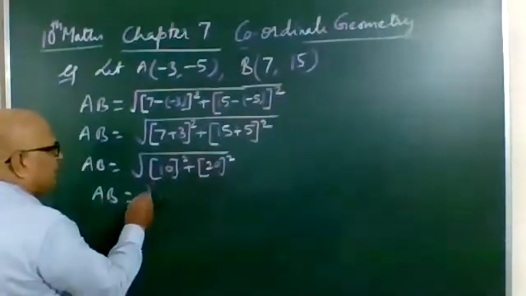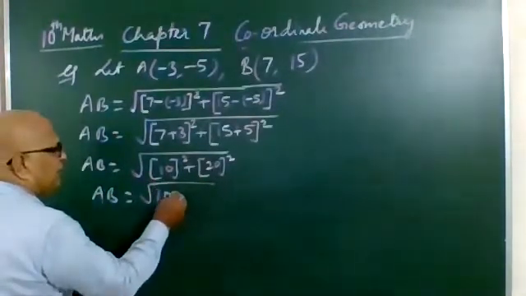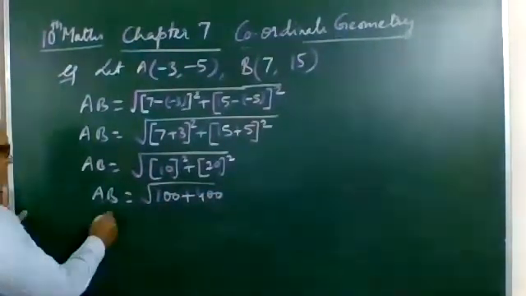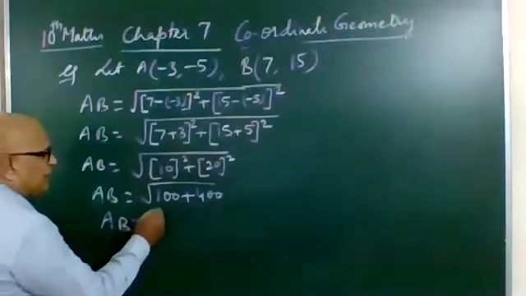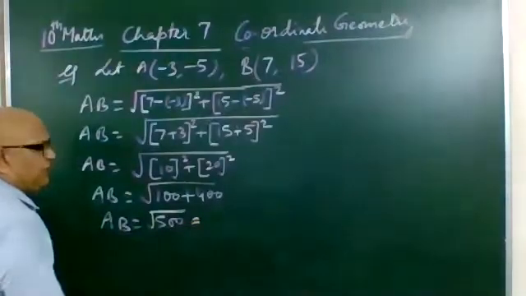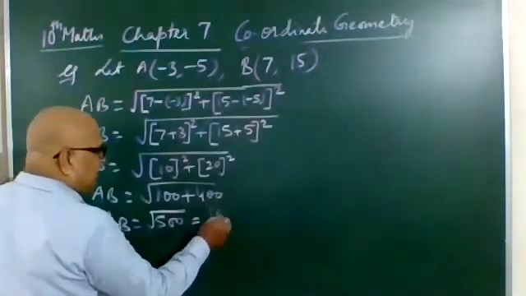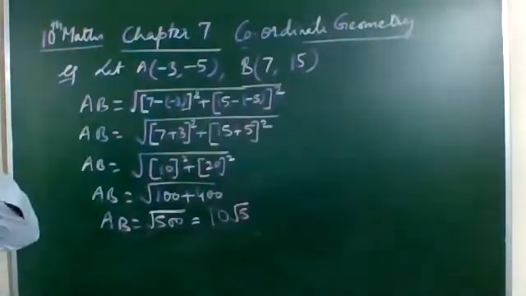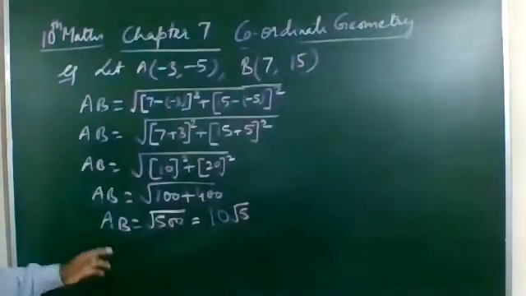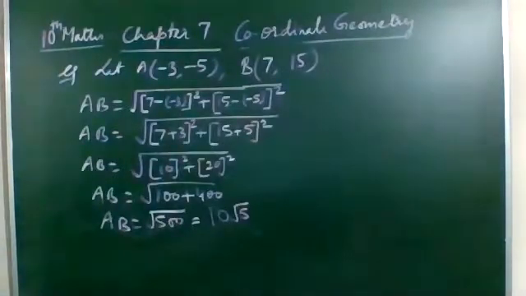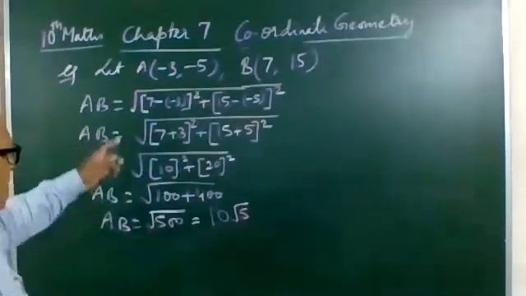AB is 100 plus 400. Now AB is under root 500. Now this can be written in the simplest form, that is 10 root 5. No need to write it as a decimal. You can only write it in the simplest form. So this is how we apply the distance formula.